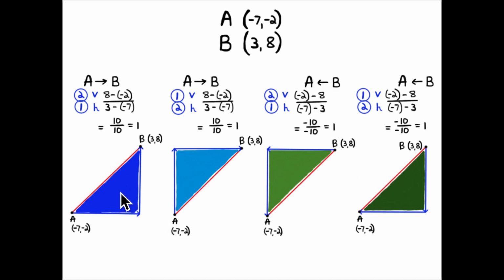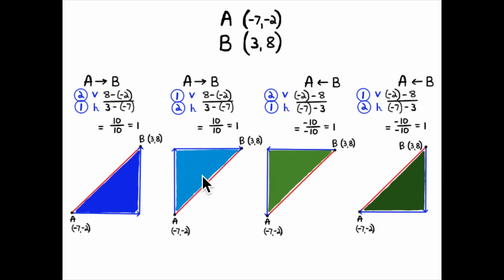And you can really look at 4 slope triangles. So 2 pairs. This slope triangle is the same as this slope triangle, and this slope triangle is the same as this slope triangle. The difference is the order in moving from A to B in this case, or from B to A in this case.